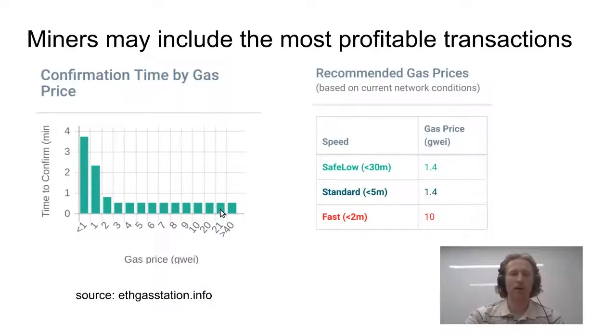If you pay a higher gas price, your transaction is likely to get picked up and included in a block much more quickly. They have recommended values, standard and safe low. These are normal values, a typical value today. But they have a value if you want your transaction to be confirmed very quickly. You can pay a higher gas price, and that's going to mean miners will prioritize your transaction over others.